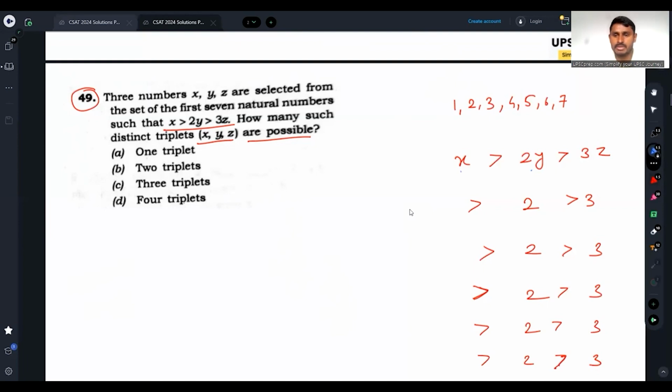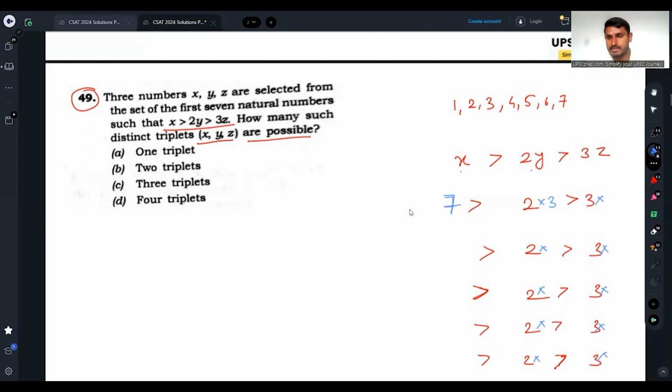So what is the first possible value of x, y, z? We have to find such triplets. I will start from 7. If I take the value of x as 7, and the value of y as 3, then 2 into 3 is 6, which is less than 7.